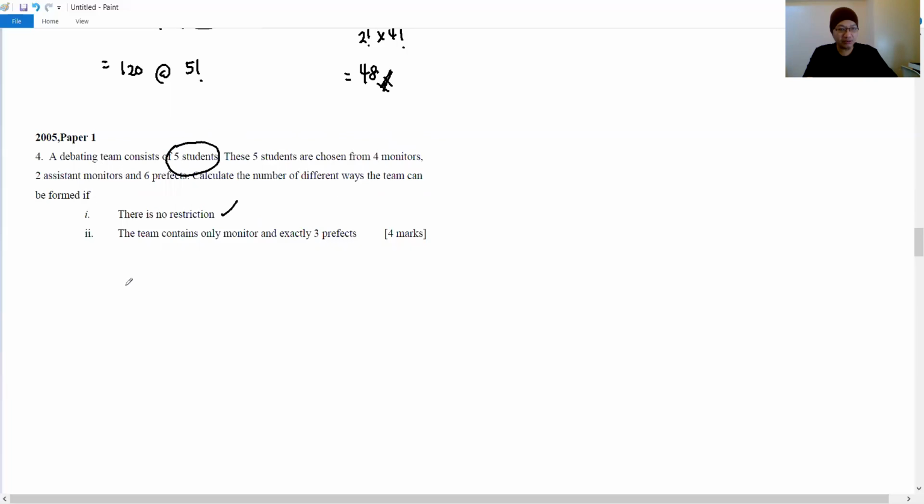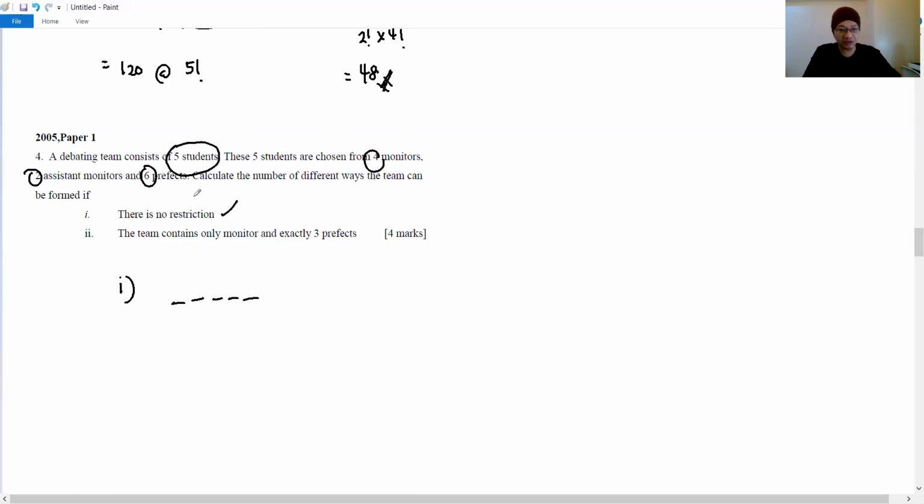So for this question number 1, actually we want to sort in 5 different places. These are 5 available places. How many do we have to sort? We got 4 monitors, 2 assistants, and 6 prefects. So the total will be 4 plus 2 plus 6 is 12, right?